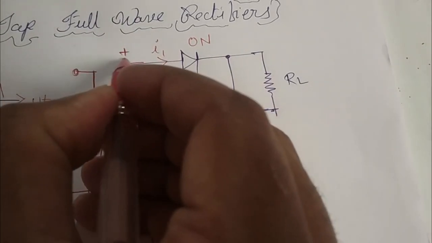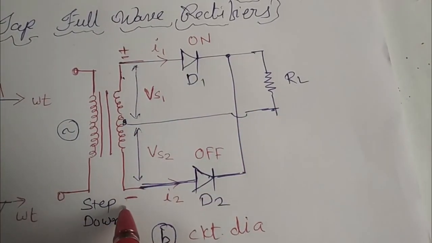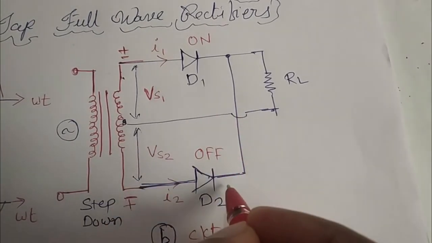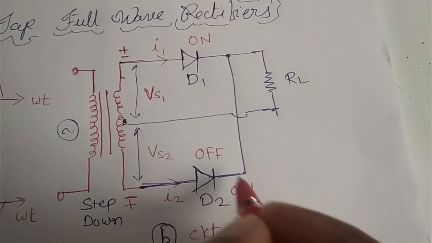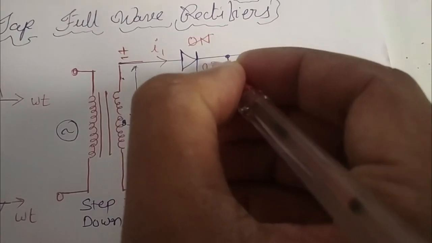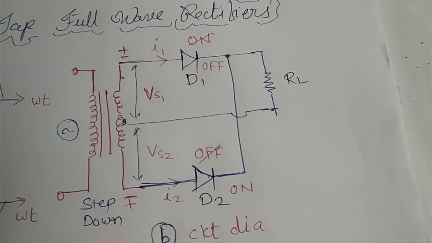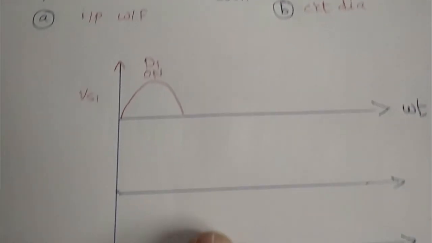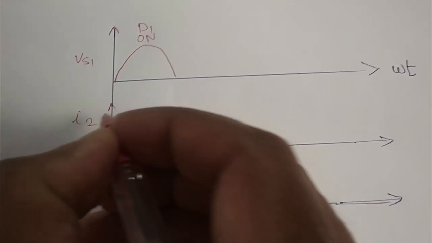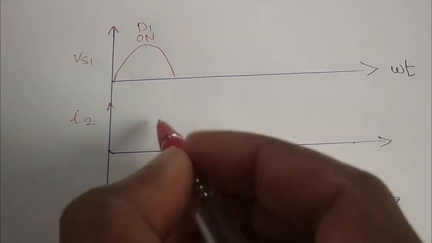Polarities will change. It will become minus and this will become plus. So when this is becoming plus, D2 becomes on and D1 becomes off. So now we will get conduction due to D2.